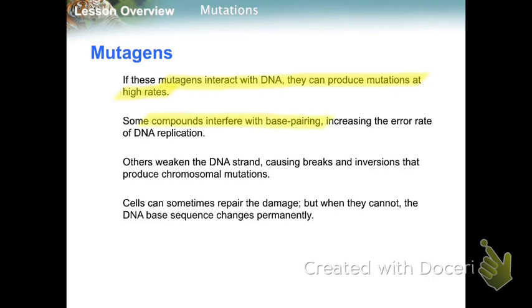Some compounds interfere with base pairing, increasing the error rate of replication. Some weaken DNA, causing breaks and inversions that produce mutations. There's a repair mechanism in place. A lot of times DNA can be repaired when there are mutations, but when they cannot, there's a permanent change that results.